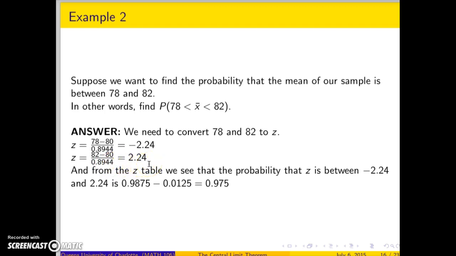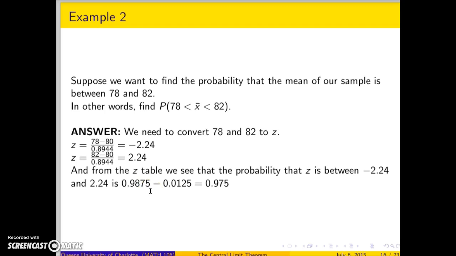And now, if you look at the z table to get the probability of these numbers, you would look up first the probability of z being less than 2.24, like we did before, and we get 0.9875.